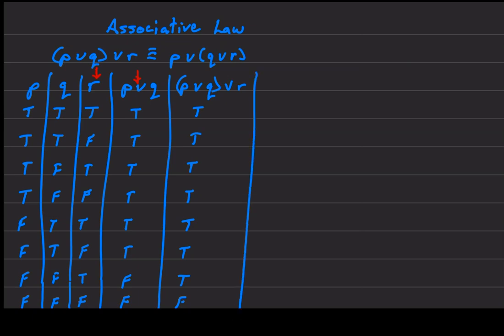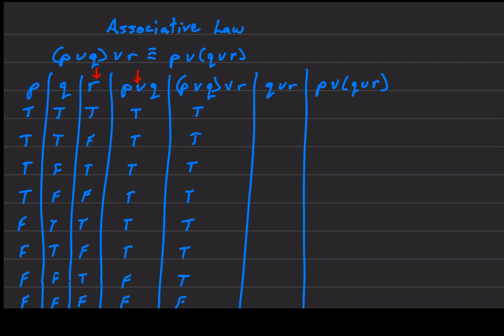Then we need to go about this the other way, and we need to do Q or R first. After that, we'll be able to do P or that answer of Q or R. Okay, so now we're doing Q or R. Let's go with a different color here.